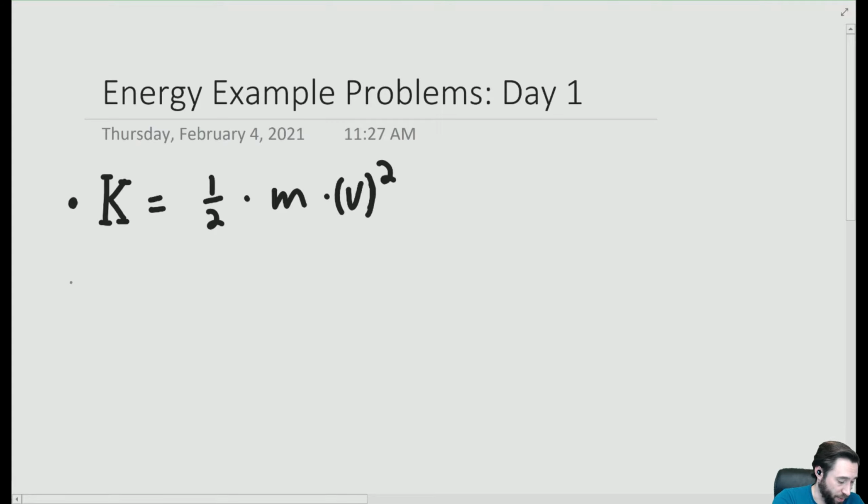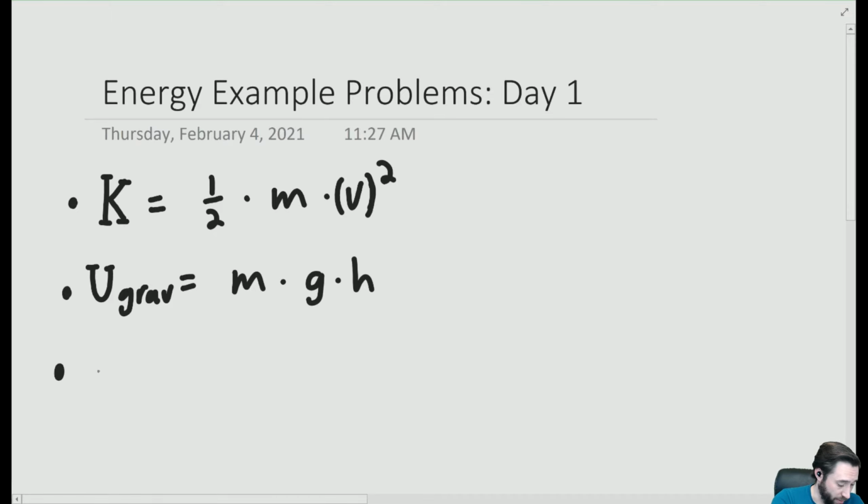So that's the first equation. The second one is going to be gravitational potential energy. So I have a subscript of grav for gravity. And then I have the U that represents potential energy. And that is going to be simply mass times gravity times the height of the object from the ground.